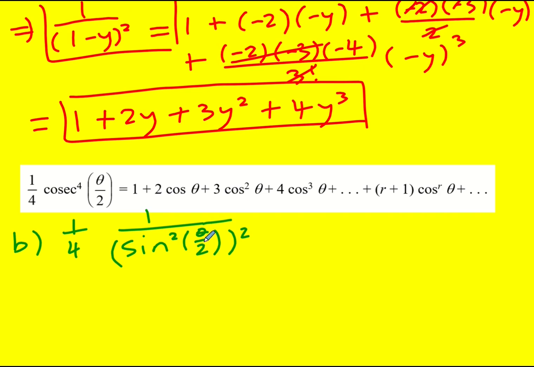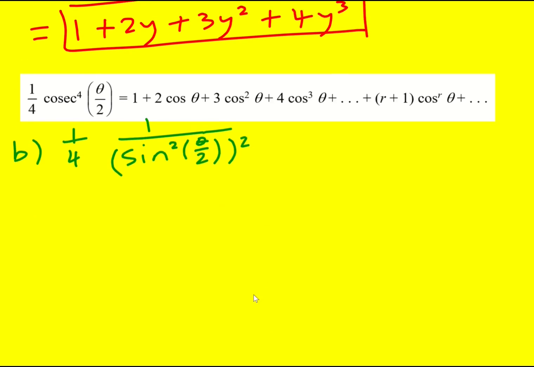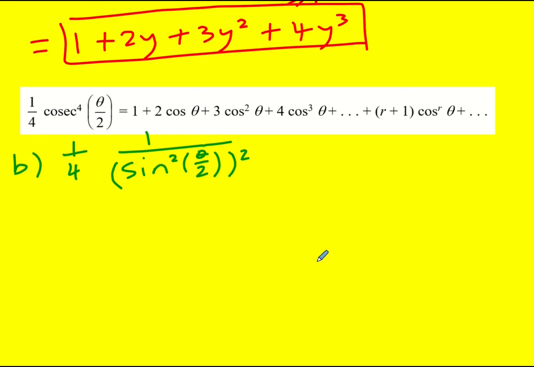Now I need to change the sine squared theta over 2 into 1 minus y. And the thing that's calling out really is double angle formulae, because if you have double angle formulae, then we can write down half angle formulae. So I've got a cos in my final answer, so I'm clearly going to replace this by 1 minus cos somehow.